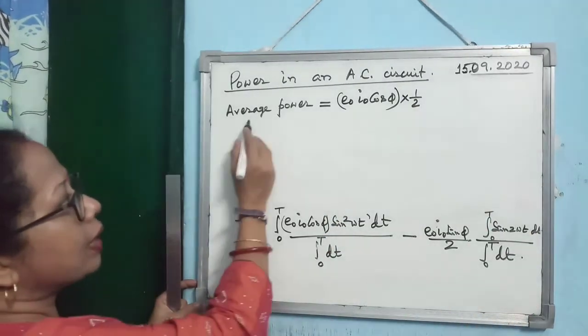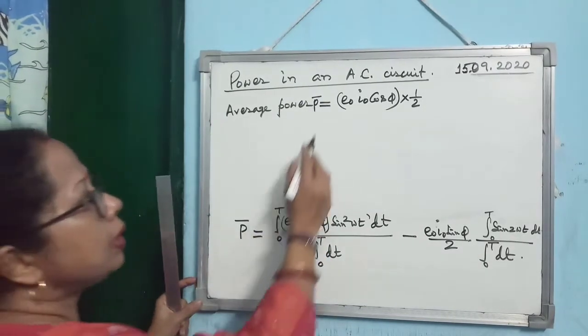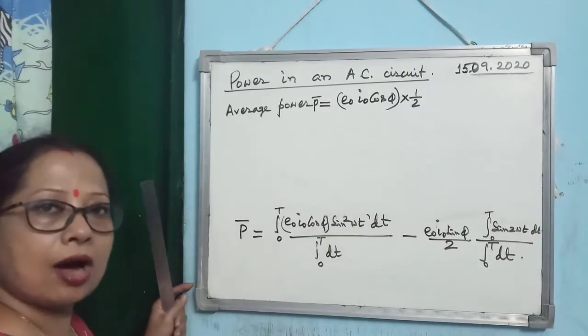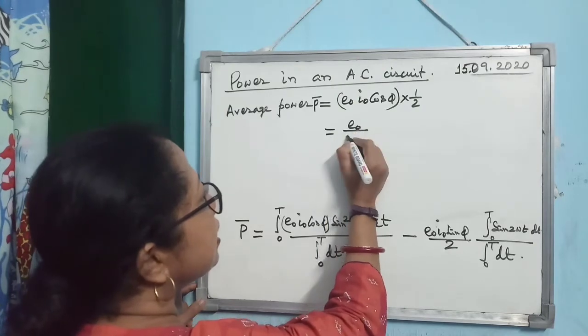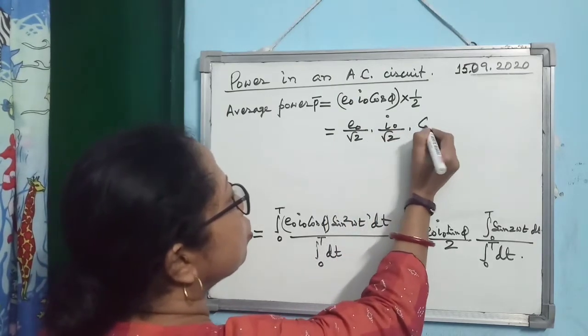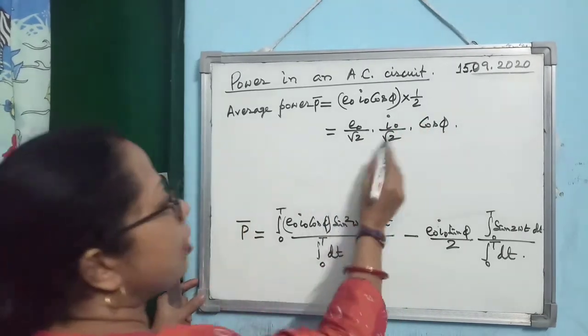So directly one can write the average power, I forgot to give the symbol, is given by E0 I0 cos phi into half. So one can write it like this: E0 by root 2 into I0 by root 2 cos phi, because root 2 into root 2 is 2. Why have I written it like this?